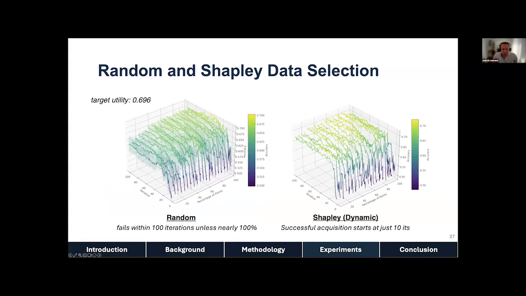So now back to our problem. On the left, the data consumer tries many random acquisition strategies, and we plotted the results for each one.